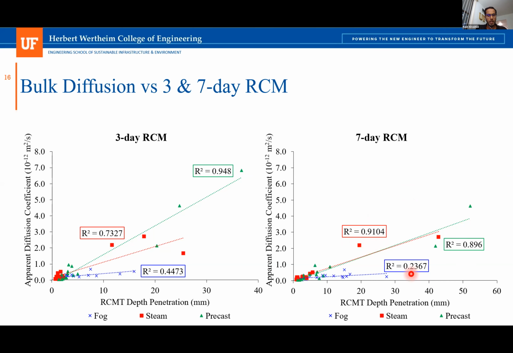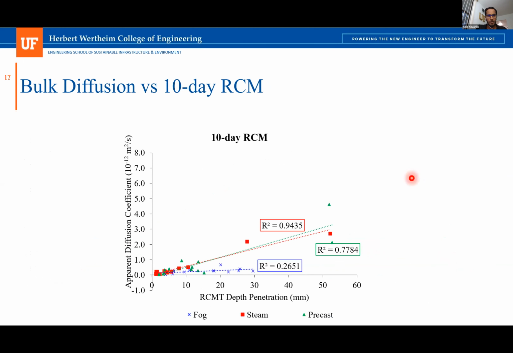The fog room did not correlate well, and I think that is because of continued hydration. And here is the correlation for the 10-day RCM, and we see that the 7 days showed better correlation with time, because after 7 days there is no more chloride penetration.